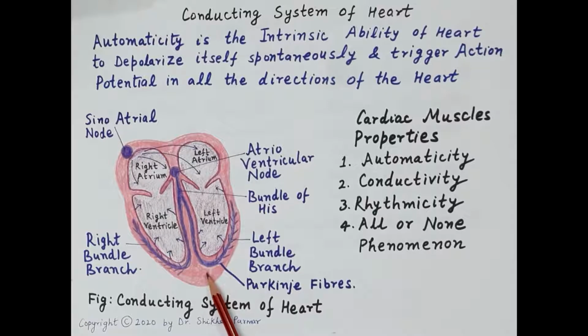That is, the entire heart contracts as a unit. Either the impulse generated will contract the entire heart and produce a complete response, or there will be no response. That means there will be no pumping of the heart. So this property, that either the heart contracts as a unit or does not contract at all, is termed the all or none phenomenon.